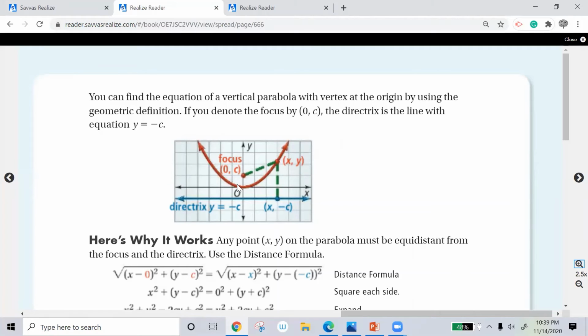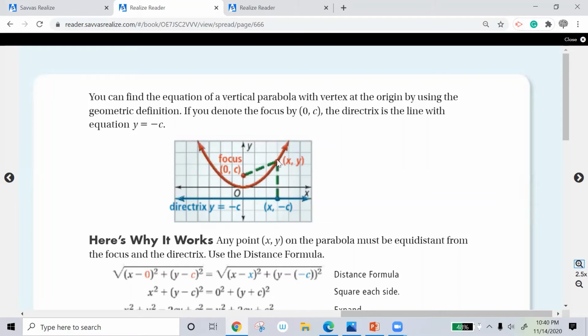From this graph, we have a vertical parabola. It opens upward. Our focus is this point, 1 unit from the origin. So our focus is 0, c, and c stands for the focus. Here we have the directrix, a line below our origin, also 1 unit away.